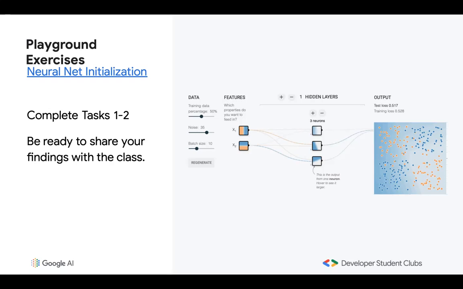What I noticed was whenever you add extra layers and extra nodes, the results are more repeatable. On each run, the resulting model looks roughly the same.